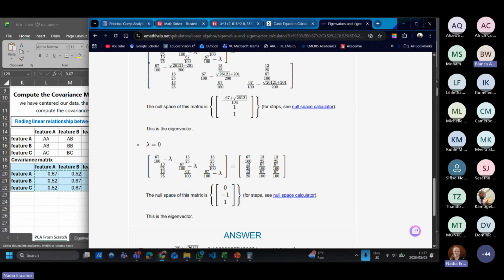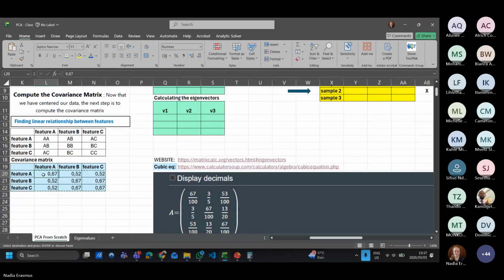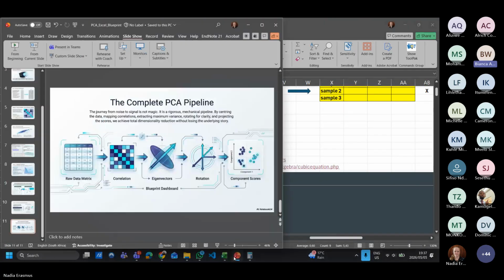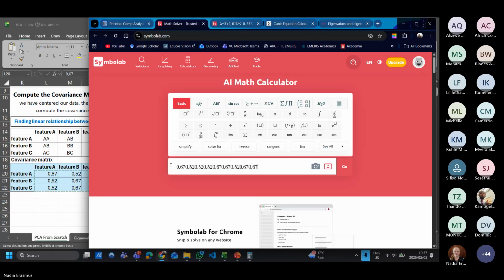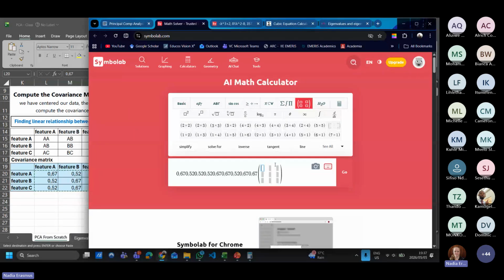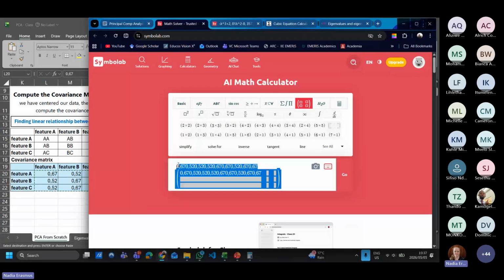And then if you calculate it with the long method, you also have to use the quadratic formula, and then you get the negative root values. Yeah. Okay. Yes. Otherwise, the Symbolab one is also fantastic. So you just have to type it in correctly.